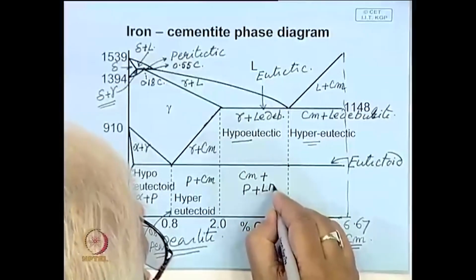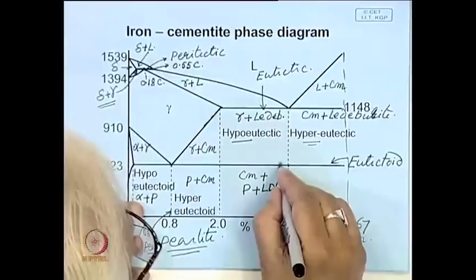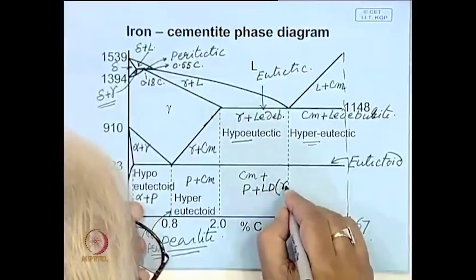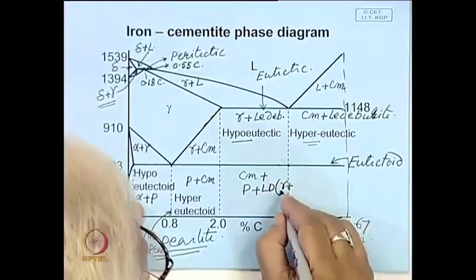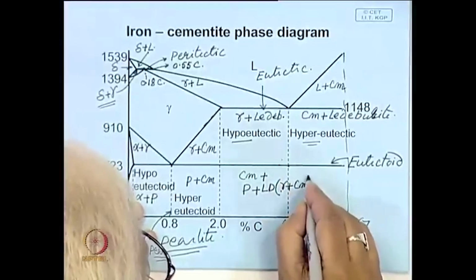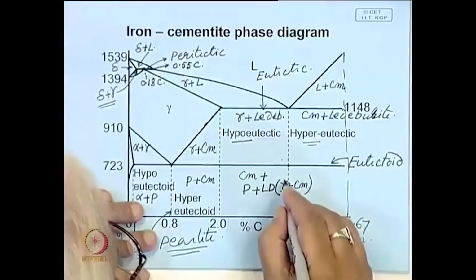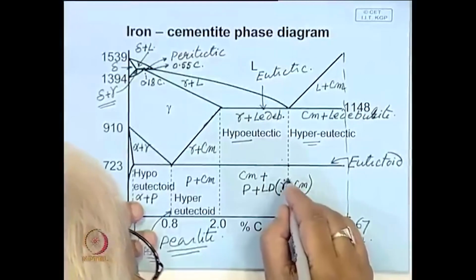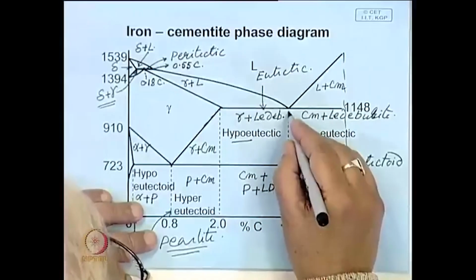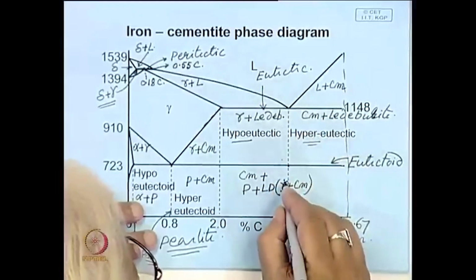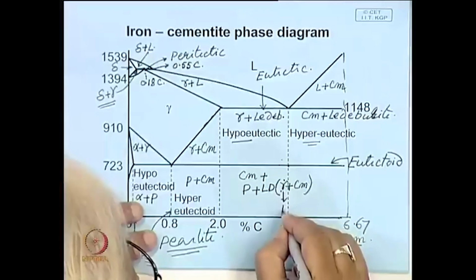I will represent ledeburite as LD. Before the eutectoid reaction, it was made up of austenite plus cementite. So, what happens is this austenite, from which some amount of cementite will precipitate out as you cool down from here downward, and the balance austenite will again convert into pearlite.